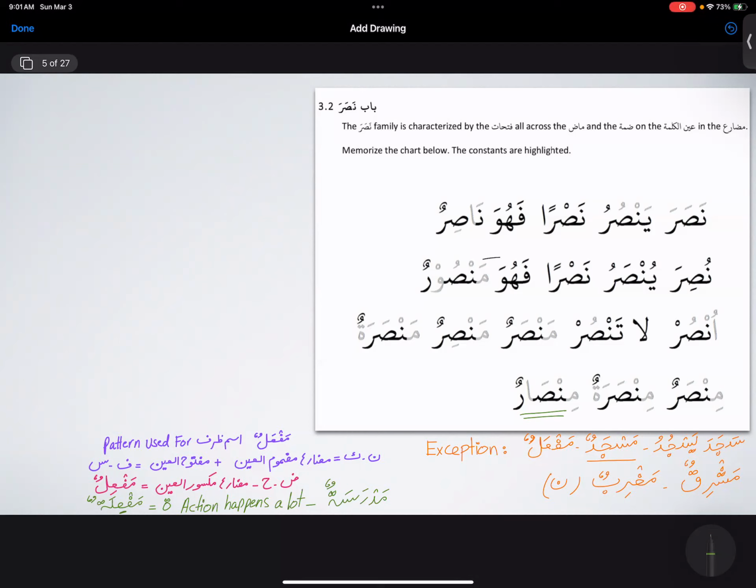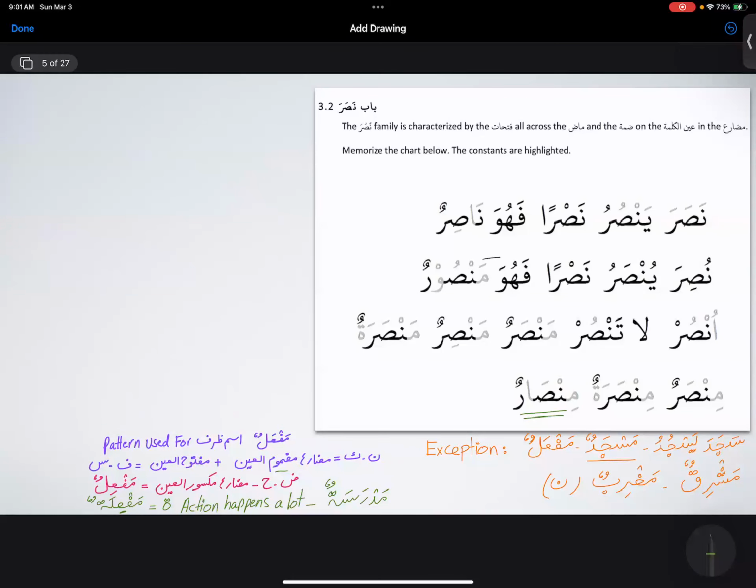Then it says that the pattern used for Ism Zarf is Maf'alun. So for the Maf'alun pattern, they are saying that we need to look at the Mudari. If Mudari is madmumul ayn, what does that mean? Madmum, what is the wazn?